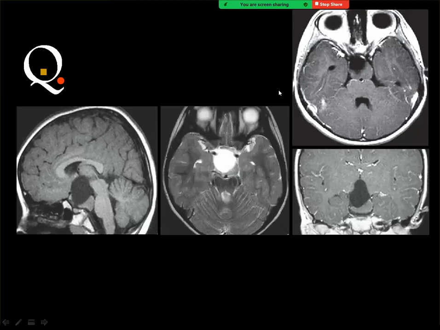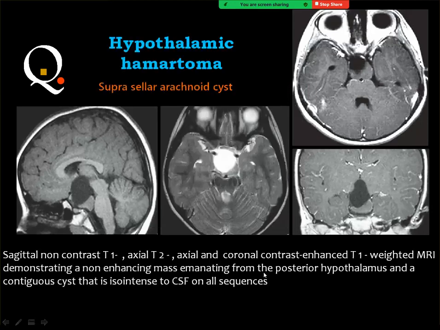Yes, this is tuber cinereum hamartoma and the arachnoid cyst in the suprasellar area. And sometimes these two lesions may occur in the same patient, like in this case, and you should be careful about this one, which is the only solid lesion, I mean, which does not show contrast enhancement.